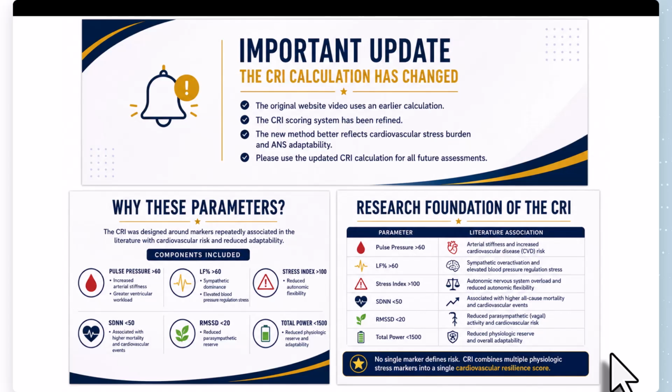So here it is. We've already updated you with the new way to calculate. What we want to look at below is why we use these parameters. You can read that on the left, but it all comes from the research. We didn't make this stuff up.